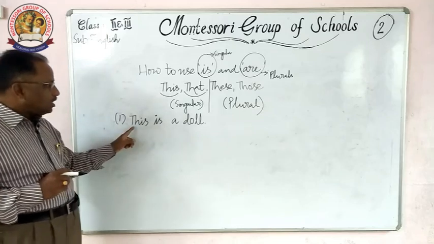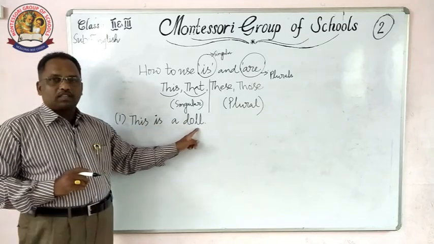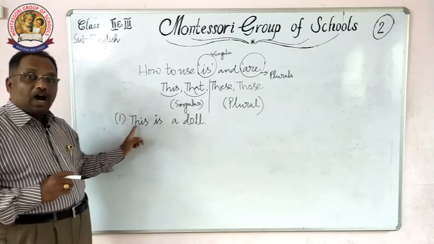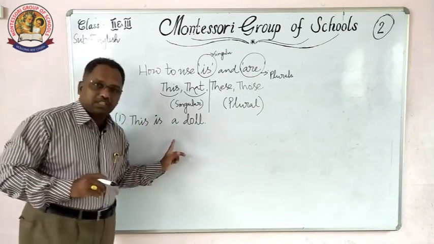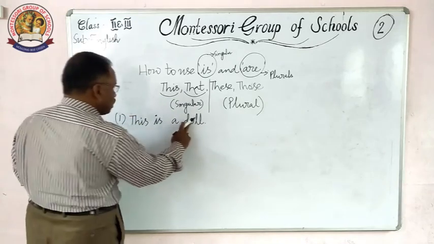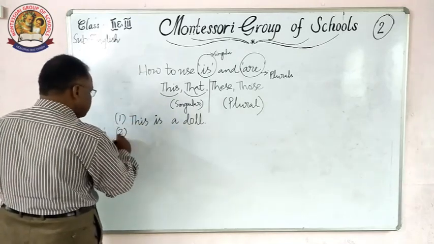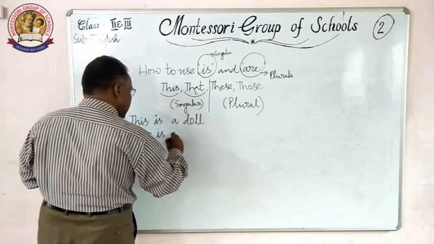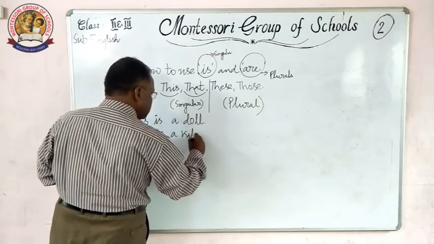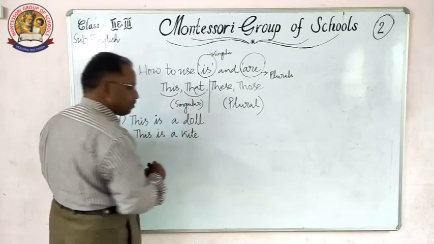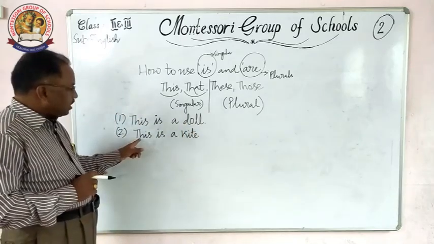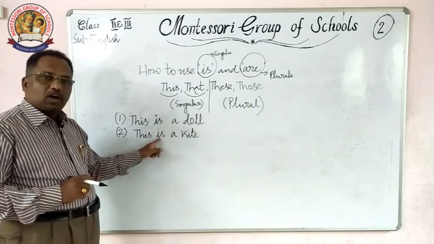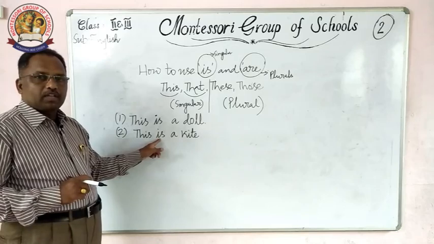We cannot write this are a doll, because this is singular, are is plural. It will mismatch. So this is a doll. Similarly, this is a kite. You can see here this is singular form, is is also singular form.